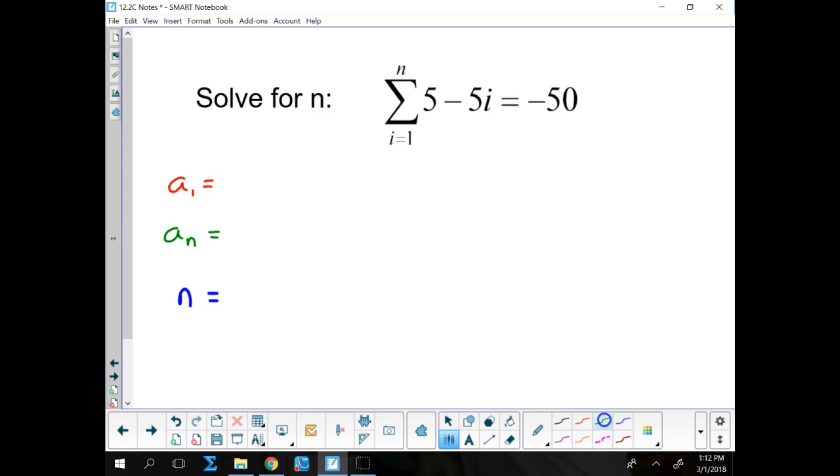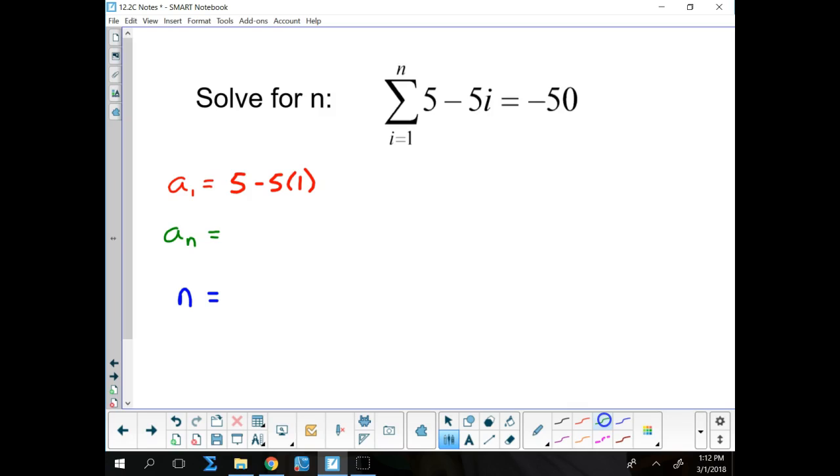For a sub 1, you plug the 1 into the rule. You plug in the first term. A sub 1, I put what in? The 1 into the rule. So 5 minus 5 times 1, right?